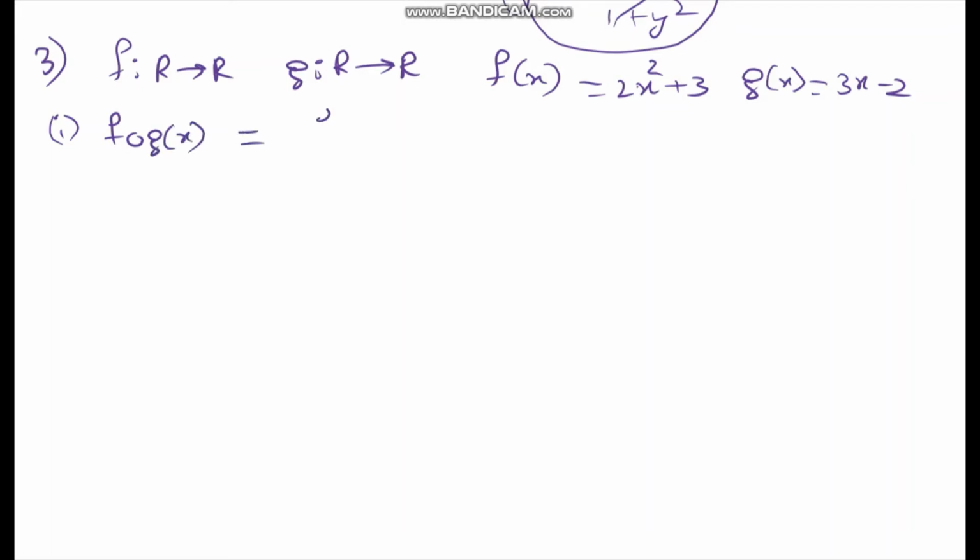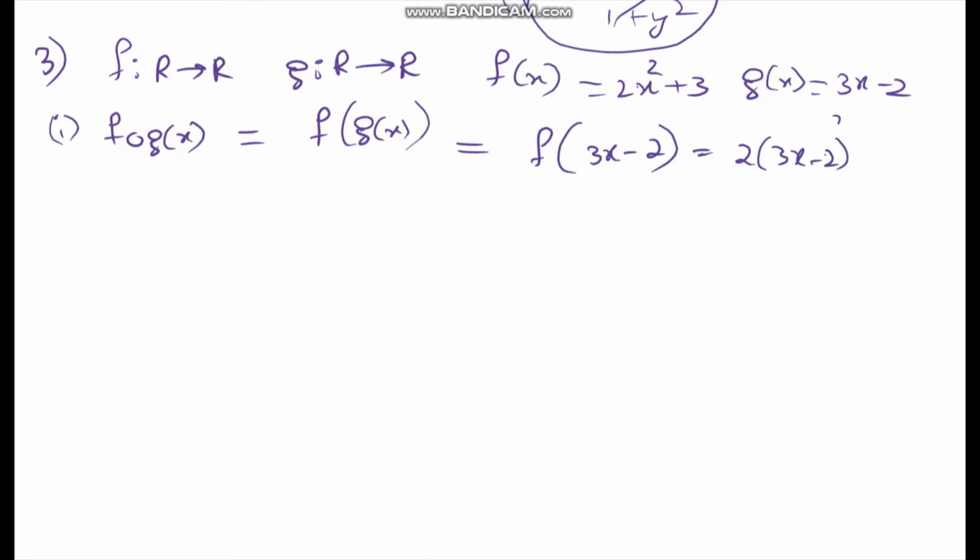This equals f of g of x, that equals f of 3x minus 2. Now f of 3x minus 2 becomes 2 into 3x minus 2 whole square plus 3, that equals 2 into, this is a minus b whole square, expand that, 9x square plus 4 minus 2ab.